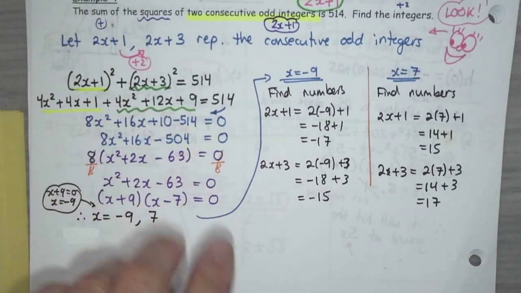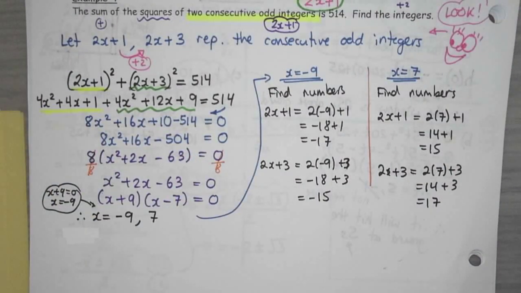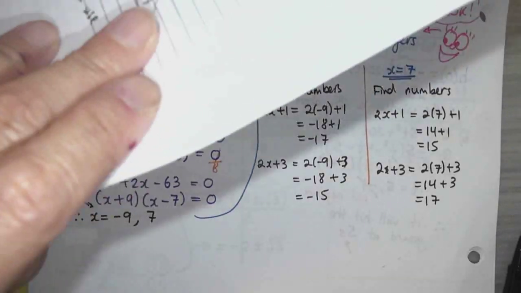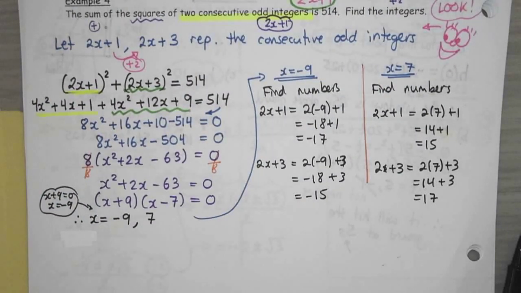When you write your answer, so final step, write your answer. If you write the numbers are -17, -15, 15, 17, it's wrong. You're going to lose a mark because you're not putting it together properly.